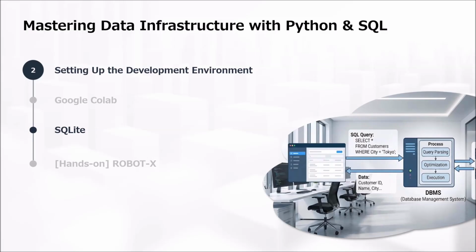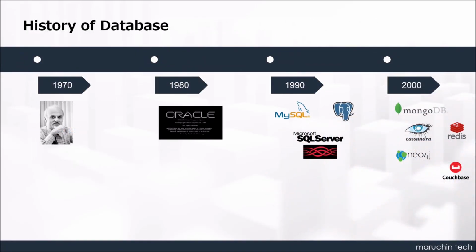Next, let's talk about SQL and SQLite. First, let's briefly review the history of databases. The theory of relational databases was established in the 1970s by an IBM scientist named Edgar Codd. Later, the System R project started at IBM, and relational databases were developed.